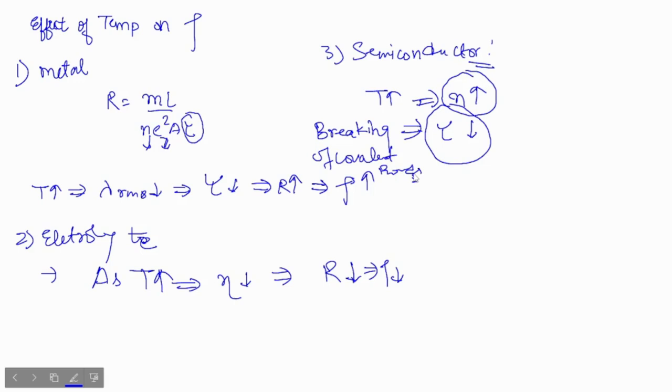Now if the increase in n is more than the decrease in tau, there will be one effect on R, but if the increase in n is less than the decrease in tau, there will be another effect on R, because n and tau are both in the denominator. Generally the increase in n is much larger than the decrease in tau, so the net effect is that resistivity decreases.